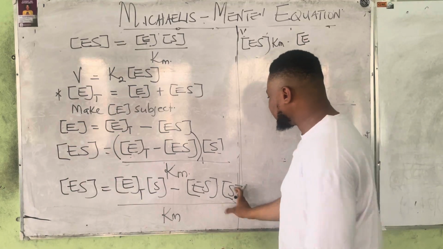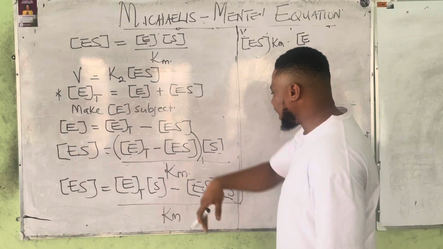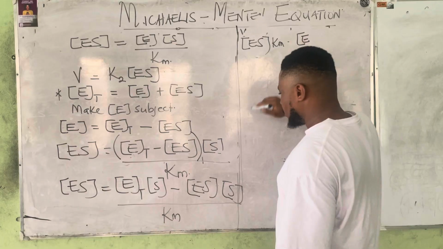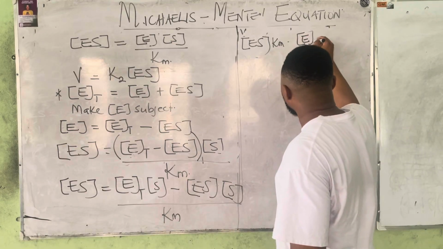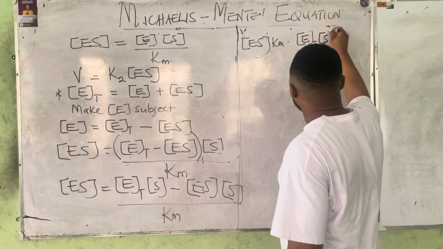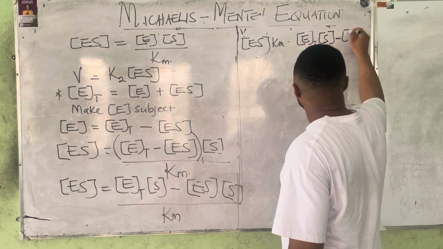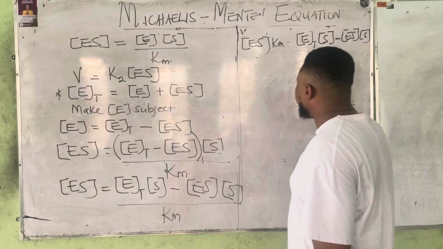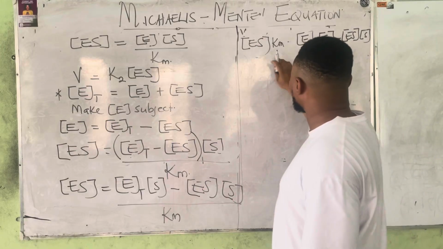Let us move this guy first. Let's move this guy first. Alright, so now this will be, when we cross multiply, this will be ET S minus ES what? S. Alright, minus ES S. We have cross multiplied.